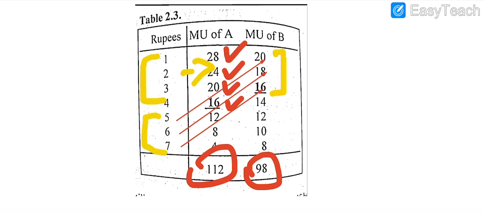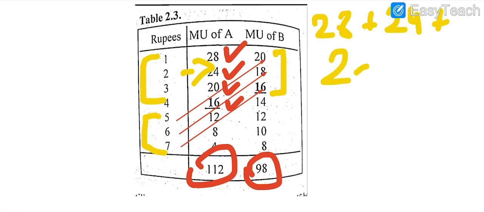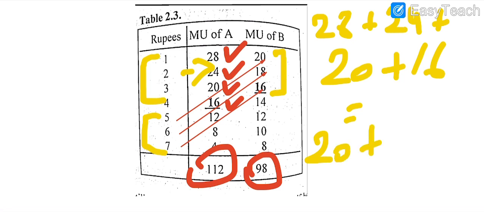Then if we compare it and add it, you add 28 plus 24 plus 20 plus 16 equals it, and on the other hand for B, 20 plus 18 plus 16 equals it.